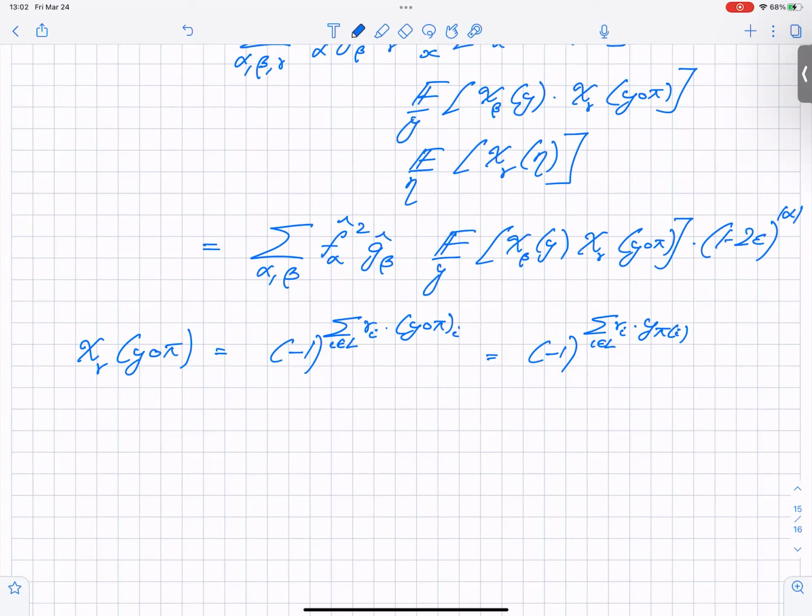I want to write this as minus 1 to the power summation over j in R of y j. So let's take a step back. Not pi inverse exactly: minus 1 to the power summation over j in R of y j, where I have to go over all I in L such that pi of I equals j, of gamma I. Is that fine?